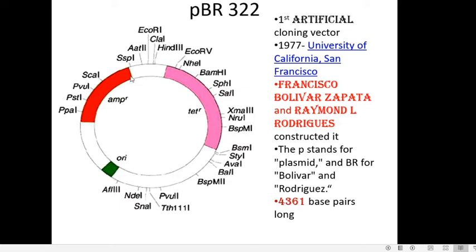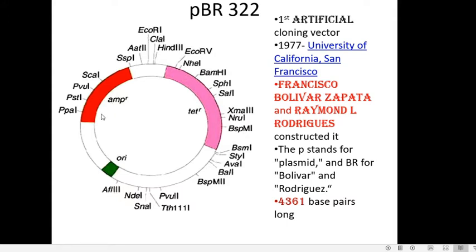So in the presence of the ampicillin resistance gene, any cell containing this plasmid will be able to grow in ampicillin-containing medium. In the presence of this gene in the plasmid, any host cell containing this plasmid will be able to grow in tetracycline-containing medium also. A host cell or a bacterial cell which is devoid of the tetracycline resistance gene cannot grow. A bacterial host cell which is devoid of the ampicillin resistance gene cannot grow in ampicillin-containing medium.